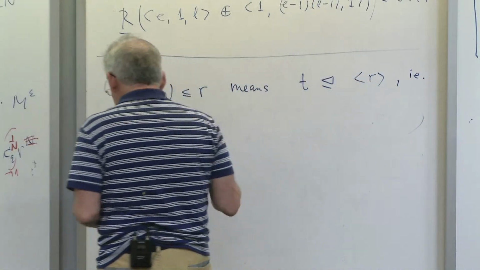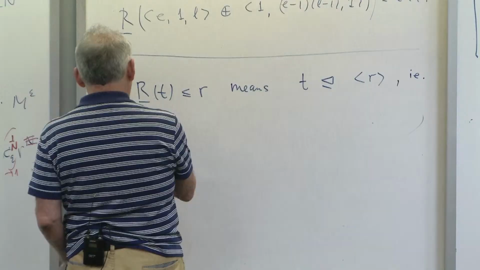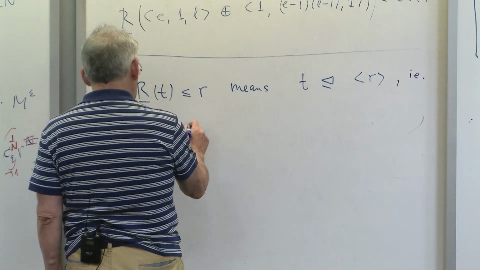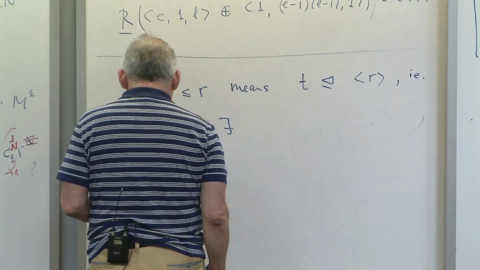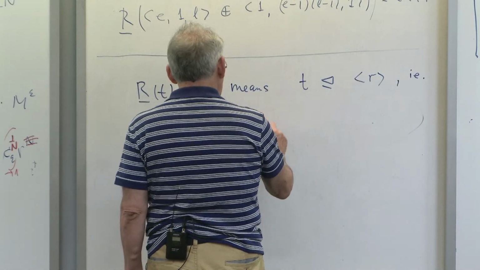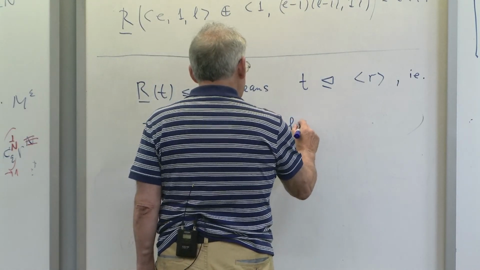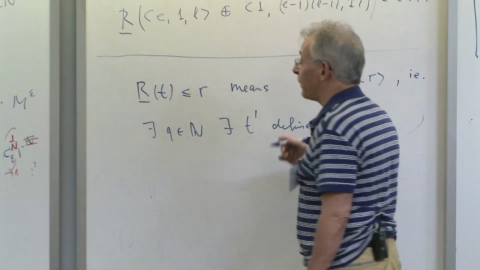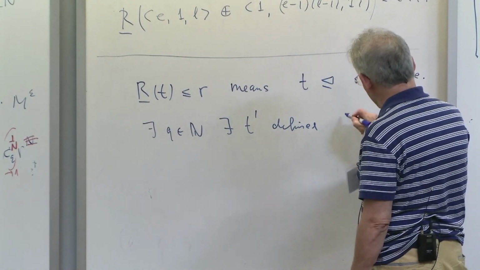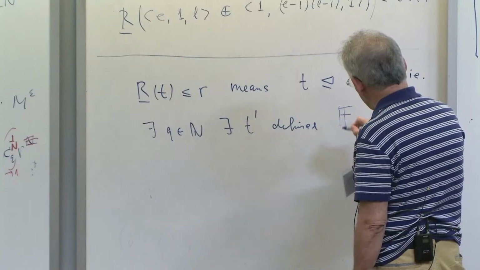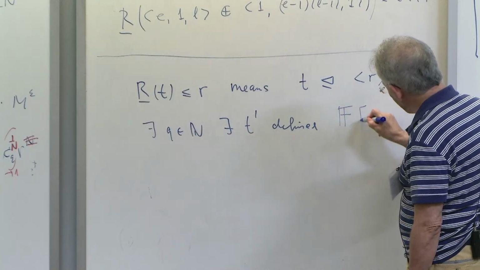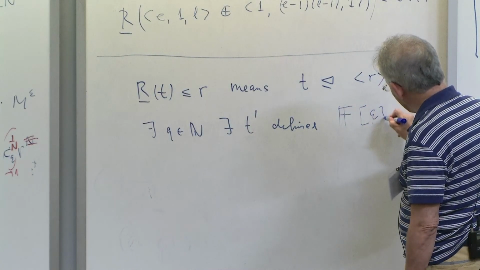Okay, there are many equivalent definitions, but it means there is some natural number q, and there is some tensor t prime, but this tensor is defined not over the base field. Here is my base field. Now I take the polynomial ring over f in some variable epsilon.